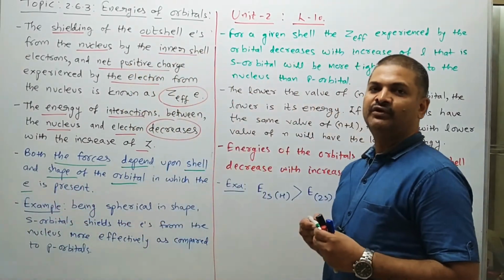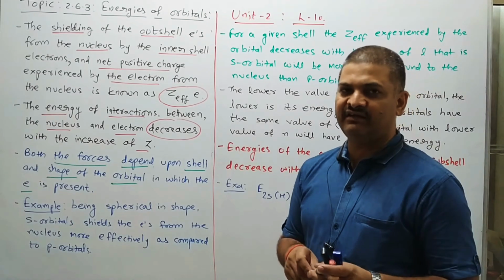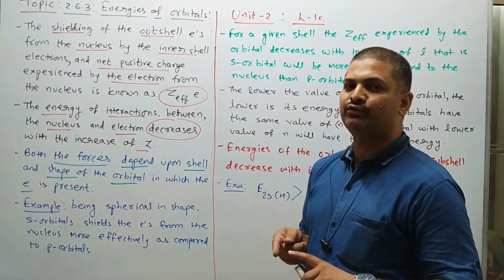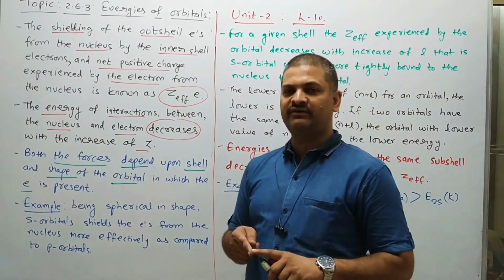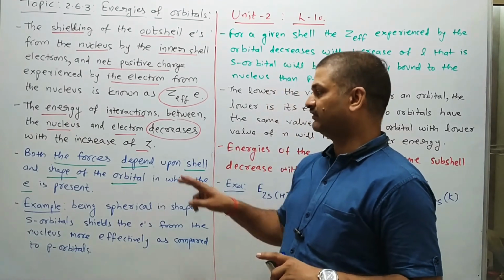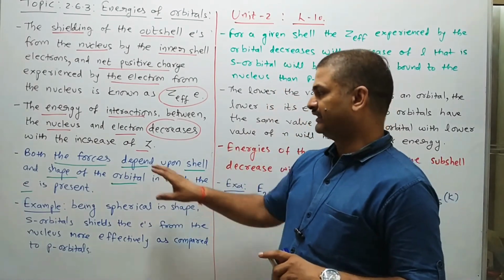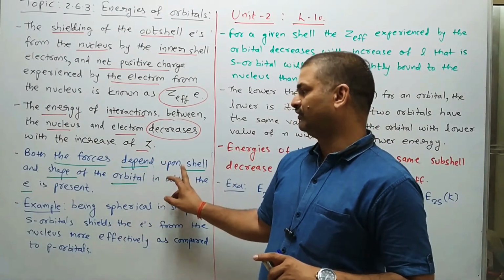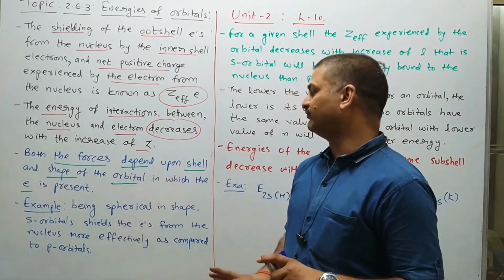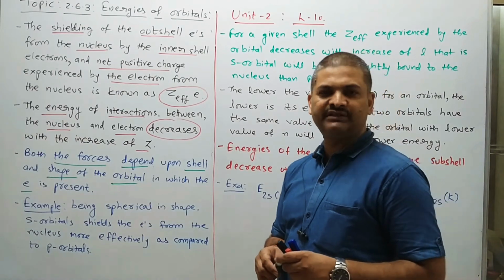Clear हुआ कि नहीं? तो whatever forces are there which are related with respect to nucleus and outermost electron, those forces are only two, attractive as well as repulsive. So this type of forces depend upon shell as well as shape of orbital in which electron is present.